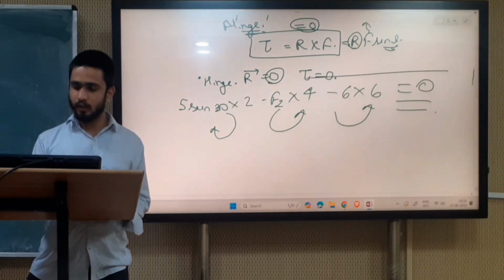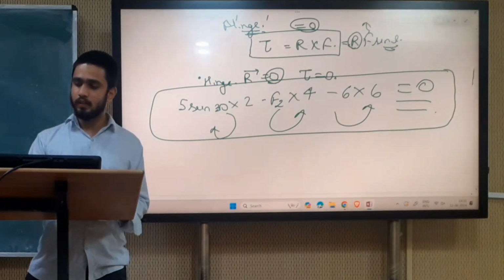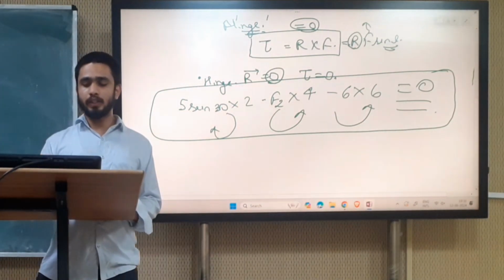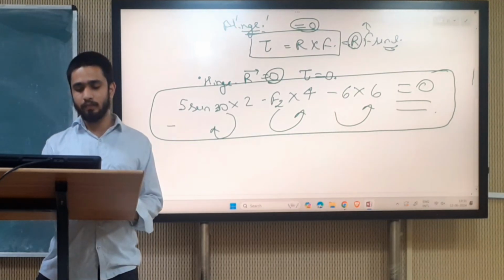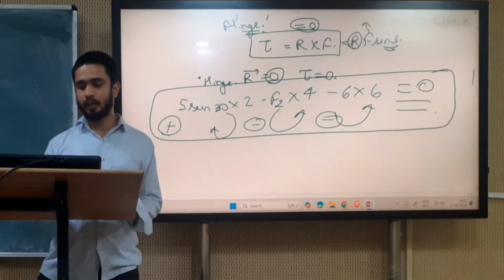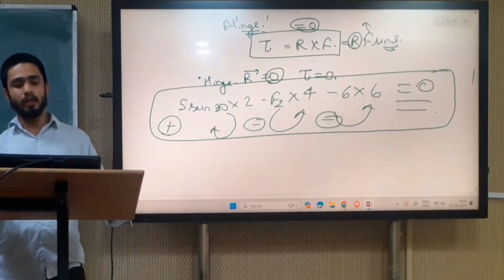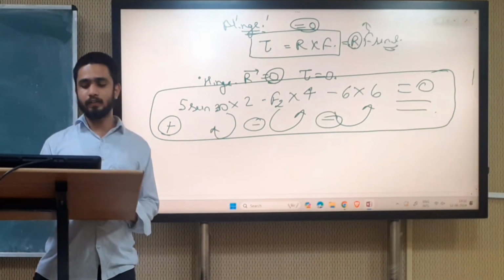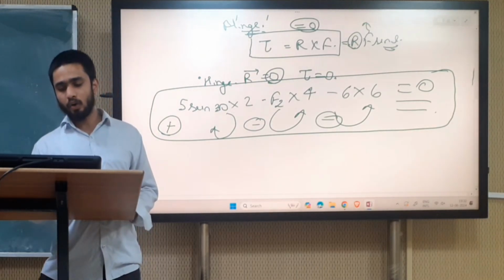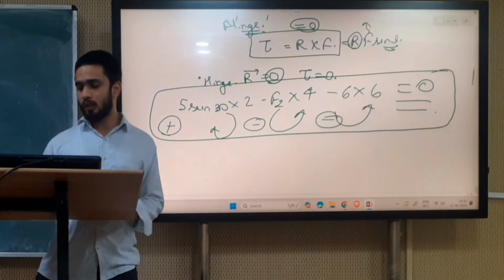So this is how we will do the torque balance. We took the torque given by the clockwise forces as positive, and the torque given by anti-clockwise forces as negative. We can also take clockwise torque as negative and anti-clockwise as positive, so both things we can do.